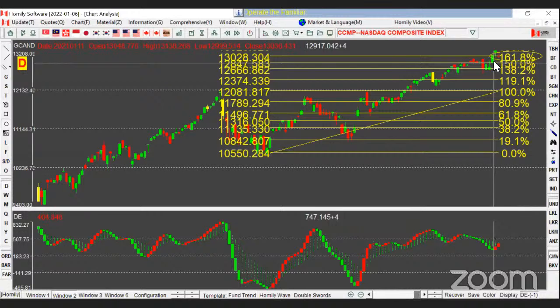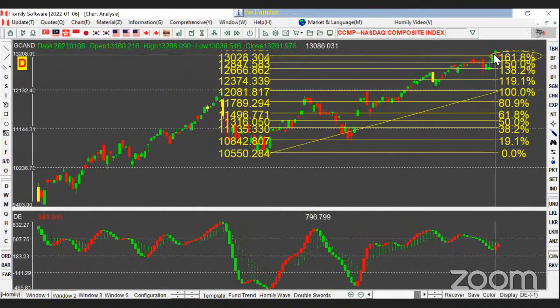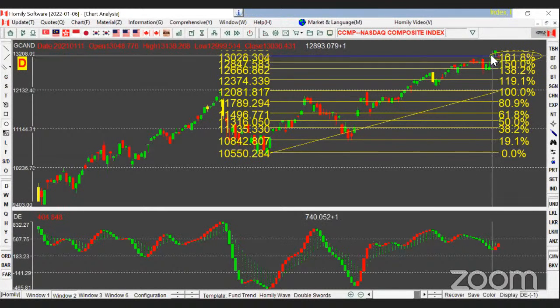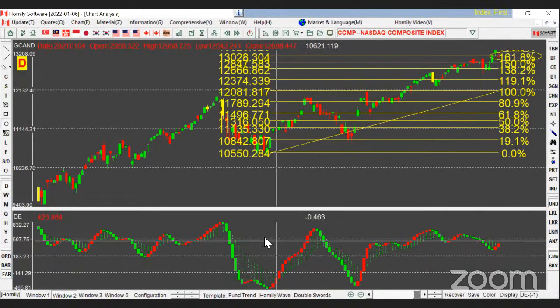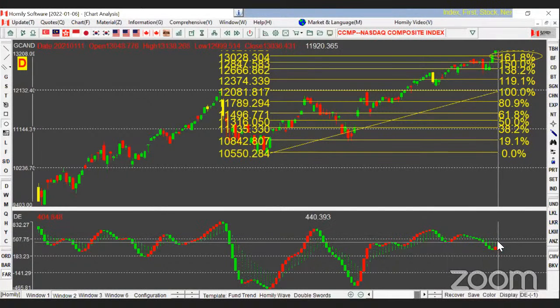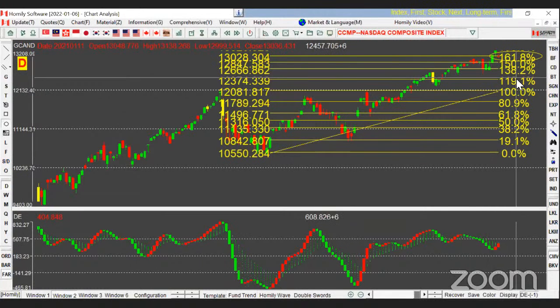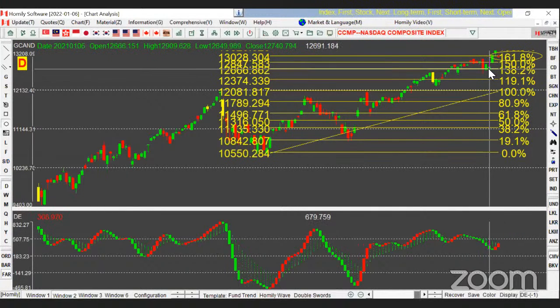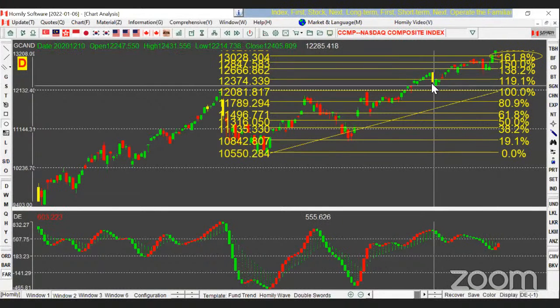Why? Because if in the near future the price continues dropping, it means the resistance here is very strong. The price cannot break up through the resistance here, and considering we already have the bearish divergence that has lasted for a very long time, if the correction, let's say, drops below the 138.2% of the extended golden section here, which is very close to the previous yellow Tai Chi, right?